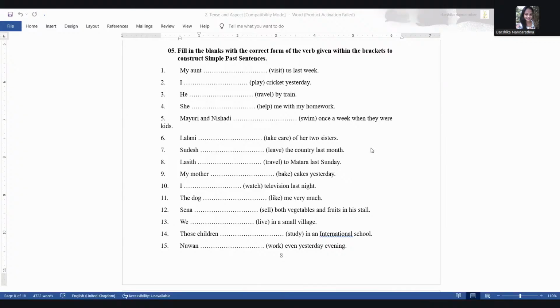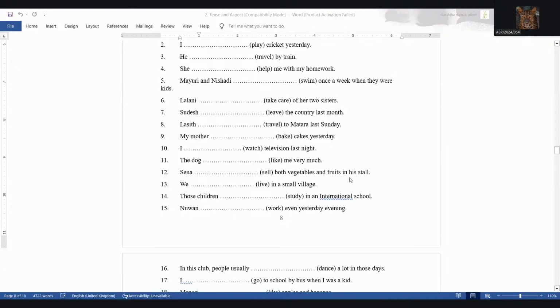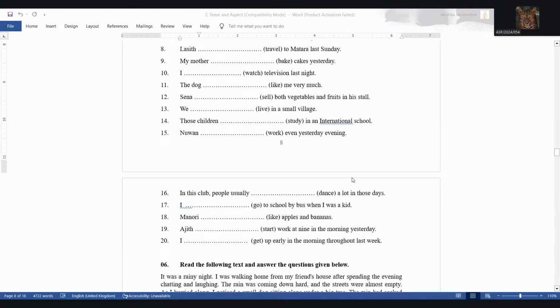Lalani took care, very good, took care of her two sisters. Sudesh left the country last month. Lasit traveled to Matara last Sunday. My mother baked cakes yesterday.